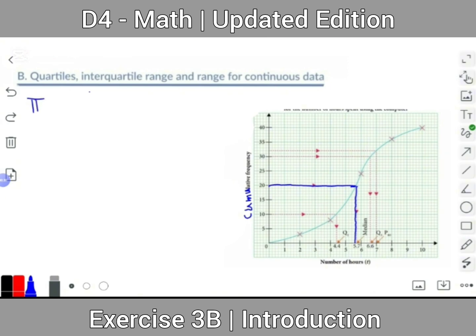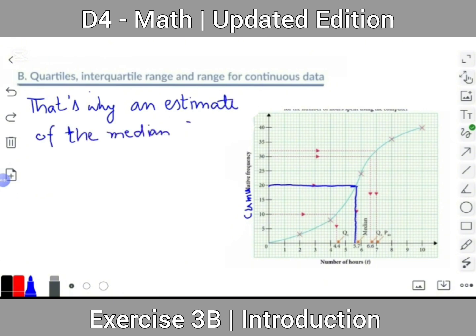So that's why an estimate of the median Q2 is equal to 5.7 hours.